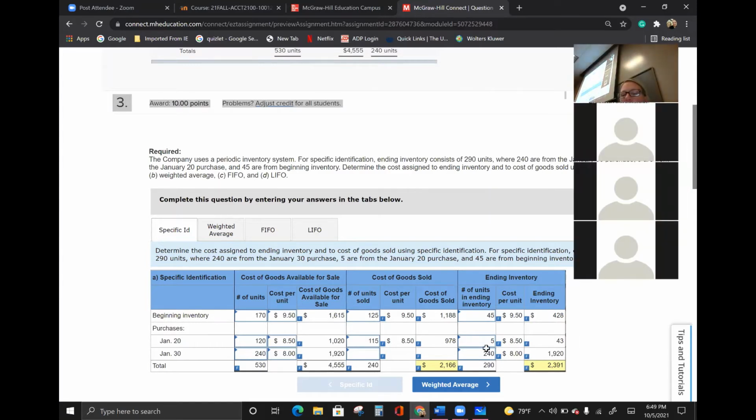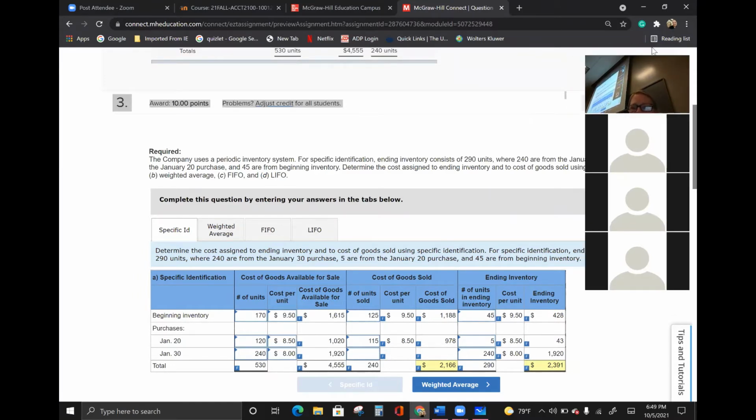So here's my 240 down here at the bottom, showing $8 because that's what I paid for it. They're telling me that I have 5 units from January 20th, and there's my 5 units from January 20th, which was $8.50. So I'm calculating it out, and here's the dollar amount of my ending inventory, and here's my quantity, 290, which matches what I had left.